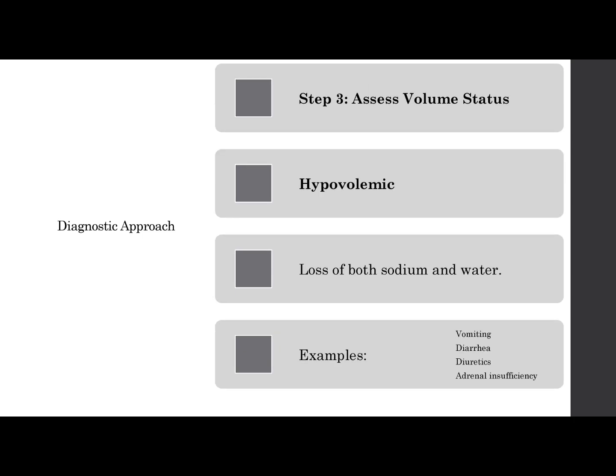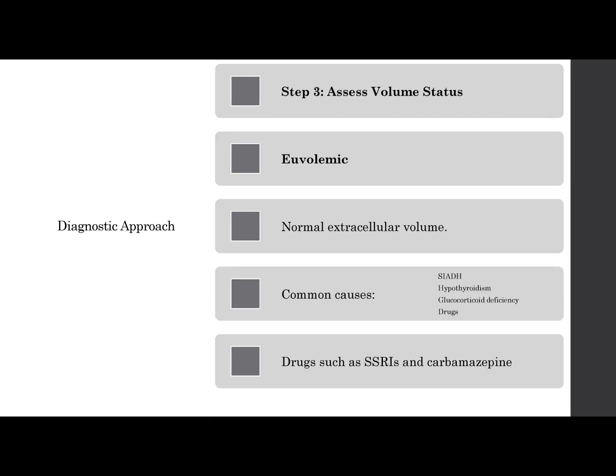Step 3. Assess volume status. Classify the patient into number 1. Hypovolemic. That means loss of both sodium and water. Examples: vomiting, diarrhea, diuretics, and adrenal insufficiency. Number 2. Euvolemic. Normal extracellular volume.